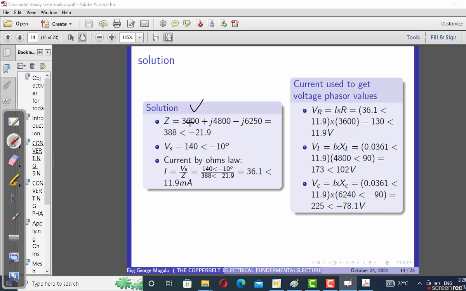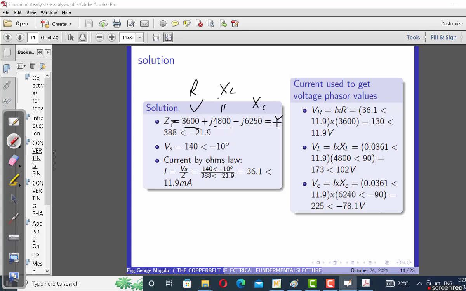This is coming from our R plus j4800. It's coming from our what? XL minus j6250. It's coming from our what? Our XC. Now we find the total impedance of the circuit.